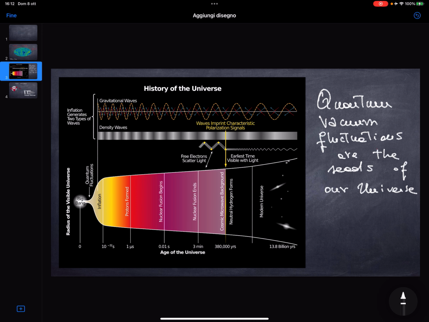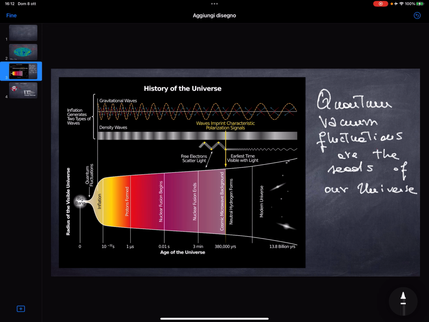Inflation is a very successful mechanism which basically describes how quantum vacuum fluctuations are stretched and then form what are the initial conditions for our universe.